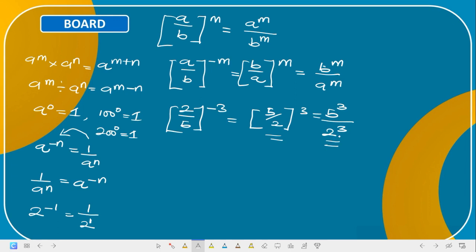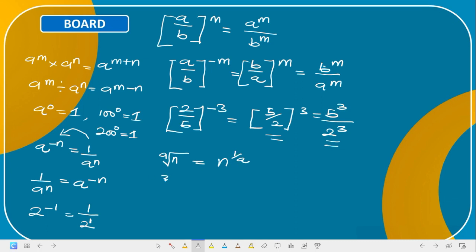Now we have other laws. For instance, if you have the a-th root of n, it means n raised to the power of 1 all over a.